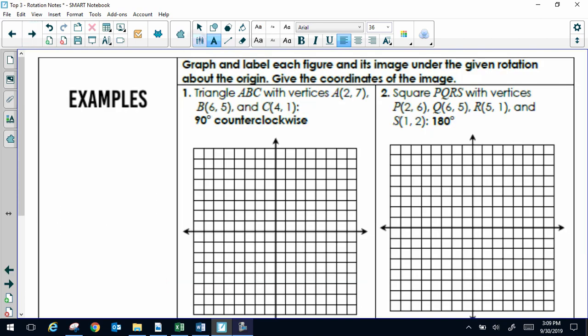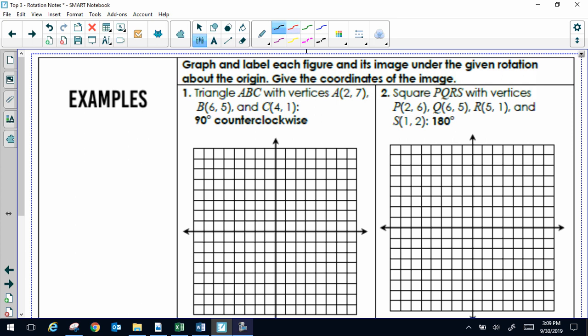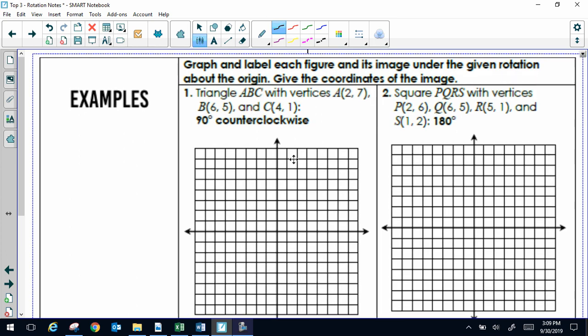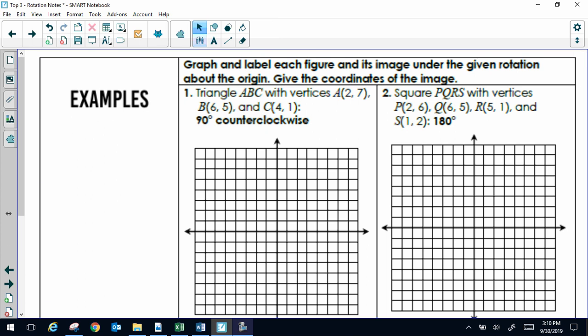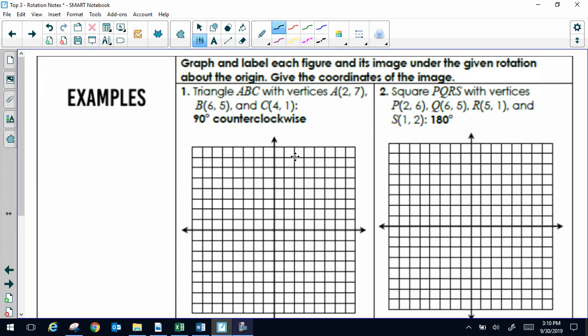All right, so we have triangle ABC, and A is at 2, 7. Okay, so for some reason it's not letting me graph them.